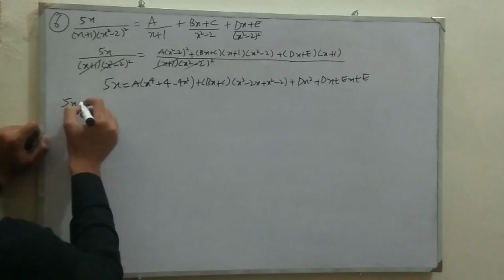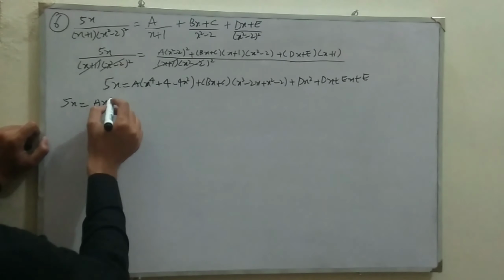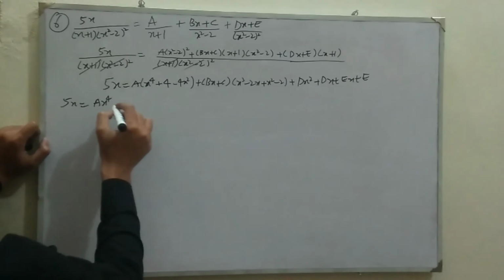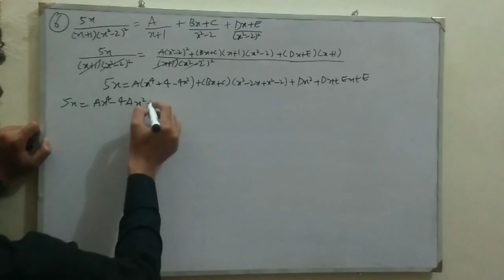Now 5x is equal to A multiplied by x power 4 gives us Ax raised to the power 4, minus 4Ax square and plus 4A.